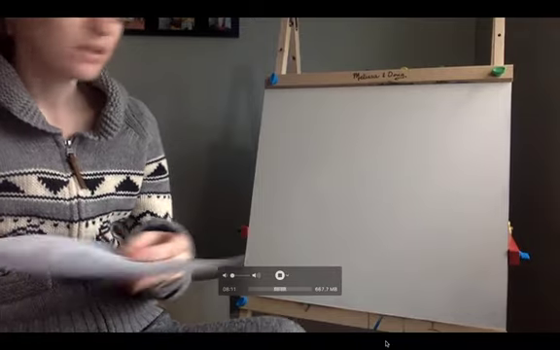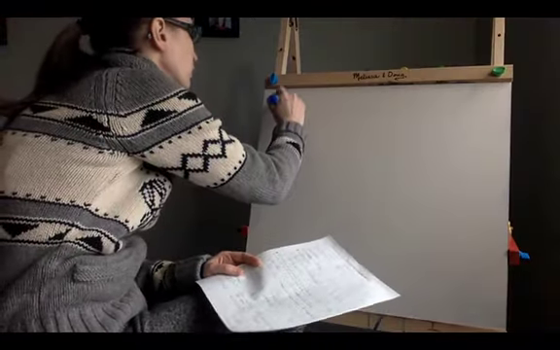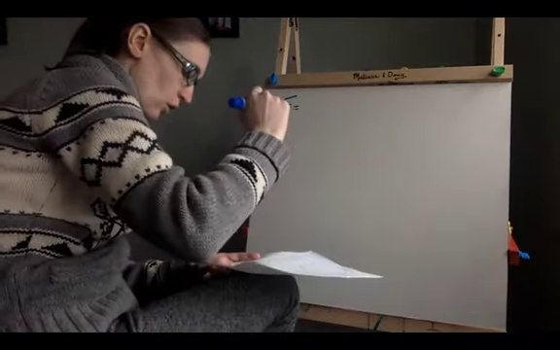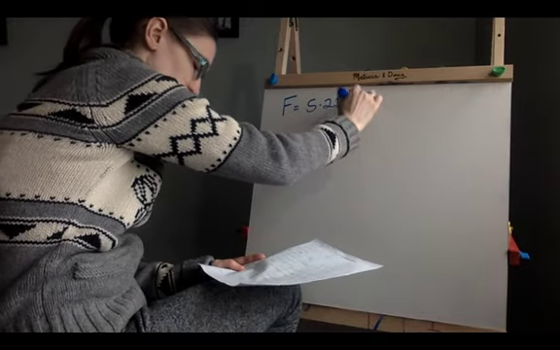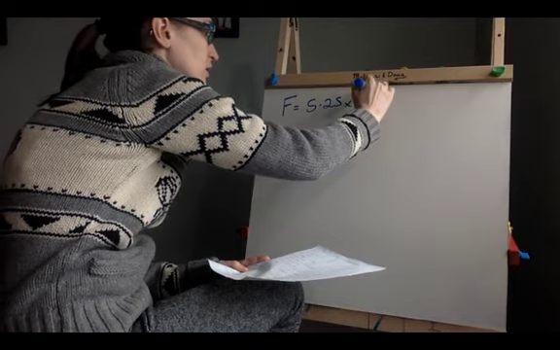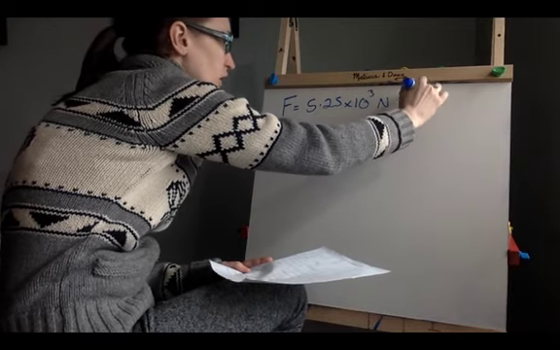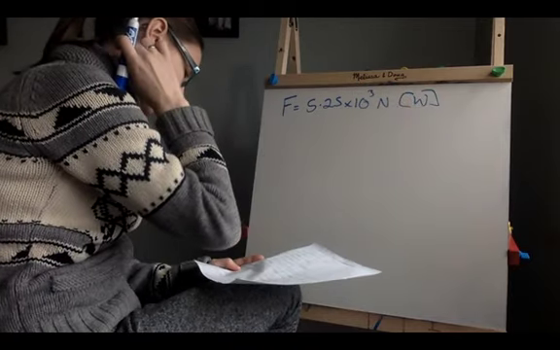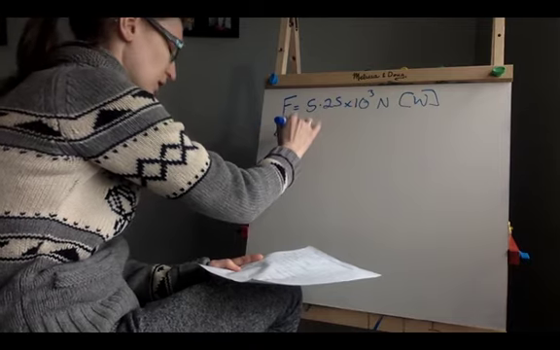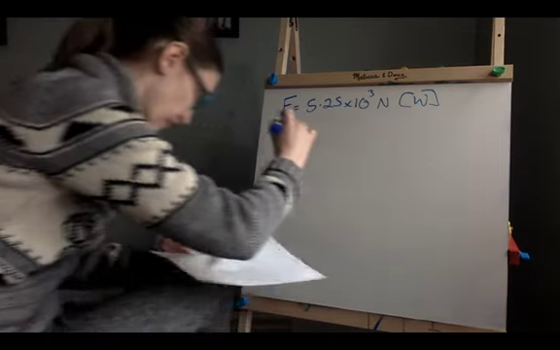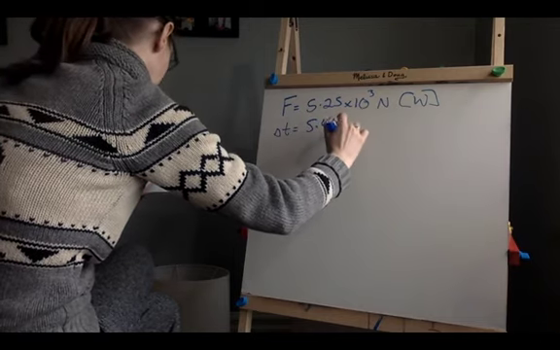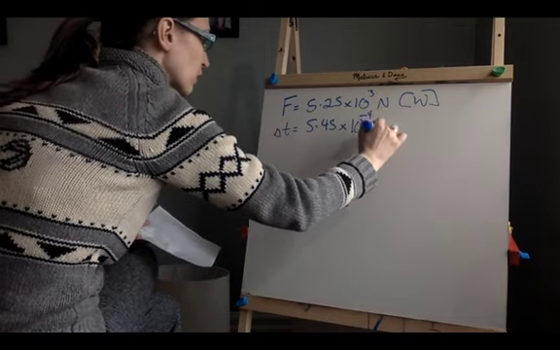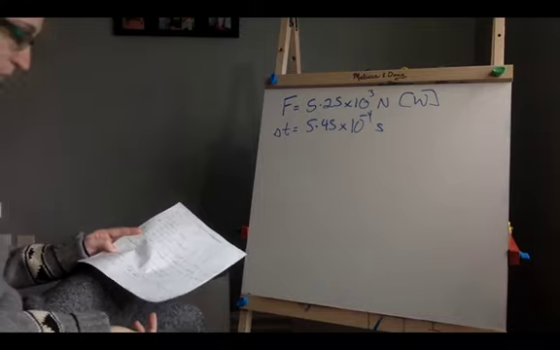Information we've been given: the force applied to the golf ball was 5.25 times 10 cubed newtons in a direction of west. We were given the amount of time it took, which was 5.45 times 10 to the minus 4 seconds. We've been asked to find the impulse.